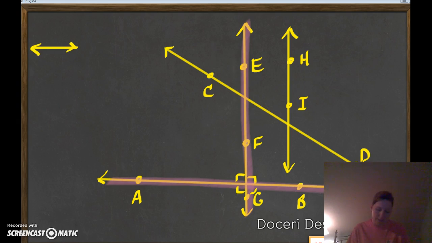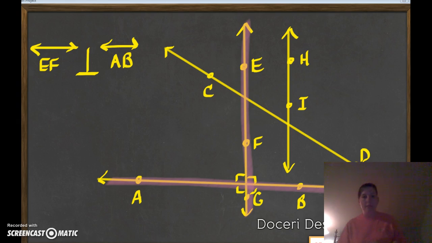So I would say line EF is perpendicular to line AB. So remember, when something intersects at that 90-degree angle, we don't just call them intersecting because they're special. We call them perpendicular because they're intersecting at that 90 and creating those 90-degree angles on all sides. And in this diagram, that's the only set of lines that look to be close to perpendicular.